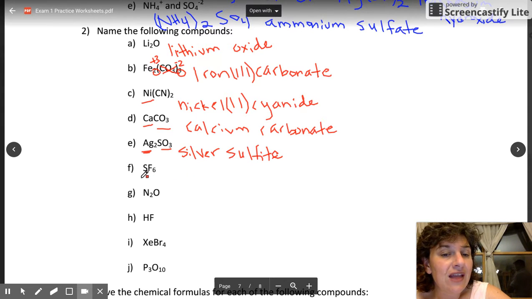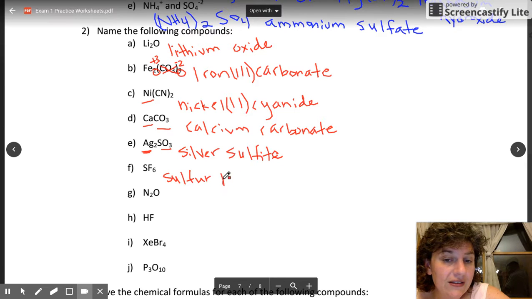SF6. Now, this is not a metal with a nonmetal or a metal with a polyatomic ion like we've been doing. This is all molecular. These are all nonmetals. So we have to name this with the molecular naming. So we have sulfur hexafluoride.